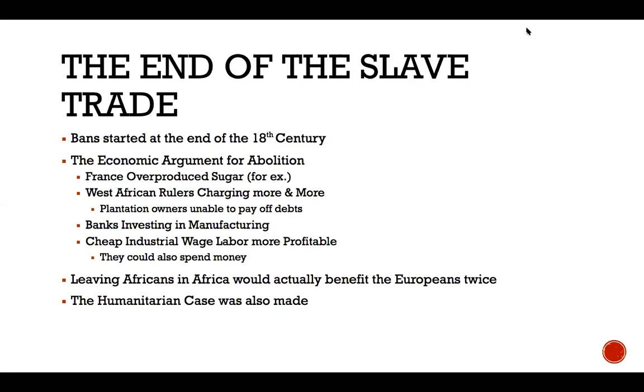It just wasn't sustainable anymore for its competitors who were still engaging in the slave trade. Because remember, enslaving people and the triangular trade is a very costly enterprise, and it just wasn't financially, economically sustainable anymore, especially with the advent of modern technology.